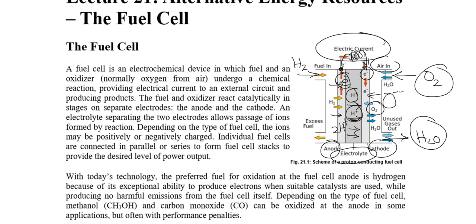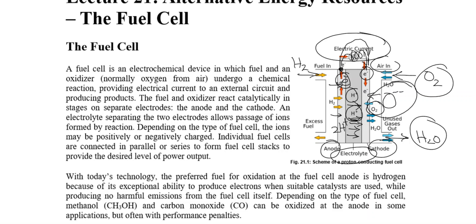Hydrogen ions come through the electrolyte, while electrons come from the external circuit, giving us electrical current, and reach the cathode. There they ionize our oxygen into negative ions, and the oxygen reacts with the hydrogen to give us our product, which is H2O.